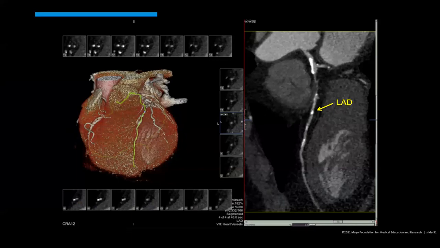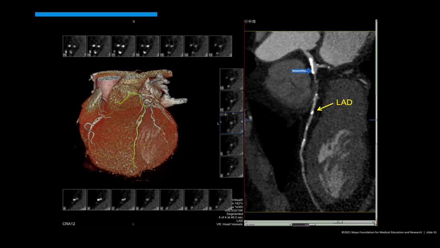Yeah, so in the LAD, we see multifocal areas of plaque, mostly calcified, but also non-calcified. And also I see areas of positive remodeling somewhere here. Yeah, so significant narrowing, especially at this level, and also this calcified plaque here, but multifocal extensive atherosclerotic changes in the LAD.